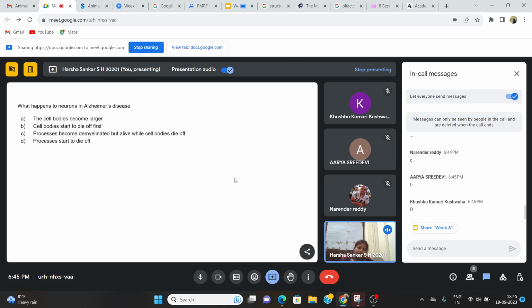Kushbu replied, okay. Narendra. Okay, so basically answers are B, D, and B. So B is cell body starts to die off first. Option D is processes start to die off first.